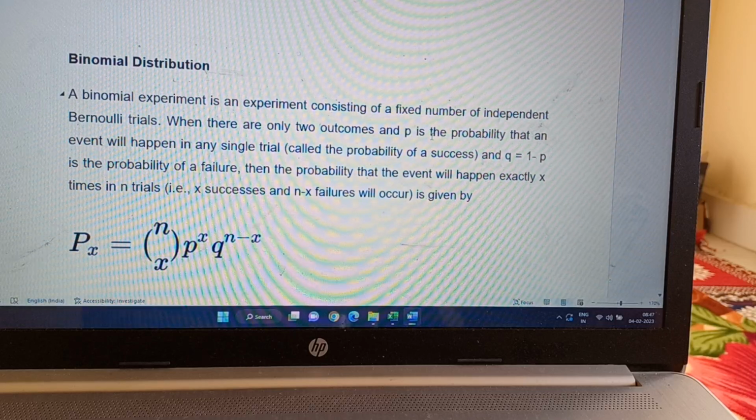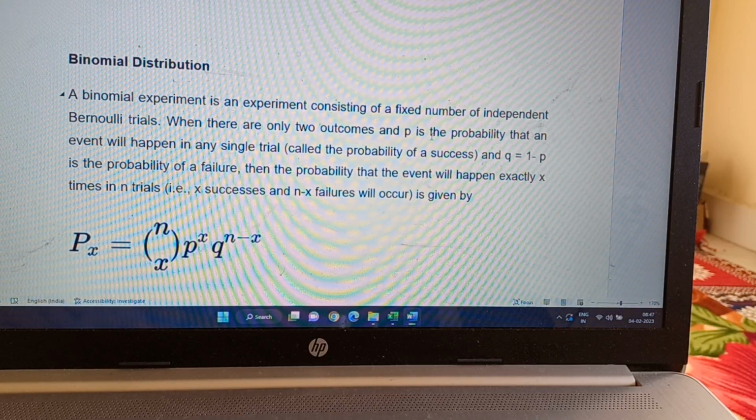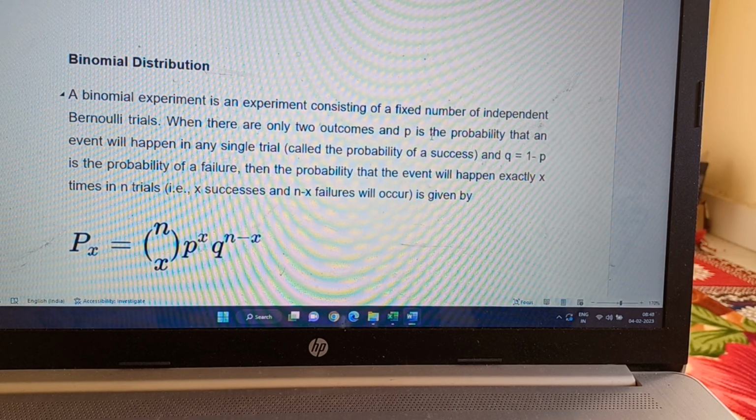So the number of trials n is fixed and all the trials are independent, which means they are with replacement. There are only two outcomes in a binomial trial, and P is the probability of success and Q is obviously 1 minus P, the probability of failure.